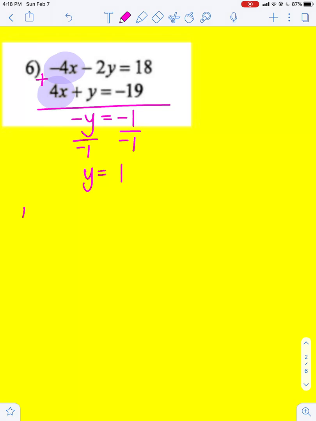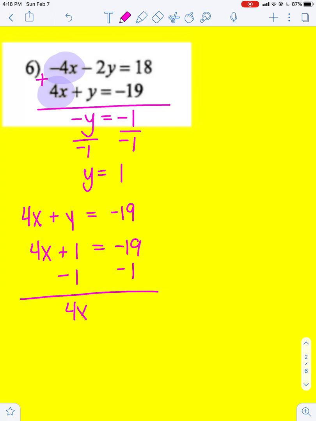So now I'm going to use 4x plus y is equal to negative 19 to solve for x. So this becomes 4x plus 1 is equal to negative 19. And then we solve just like a two-step equation. So I'm going to subtract 1 from both sides.